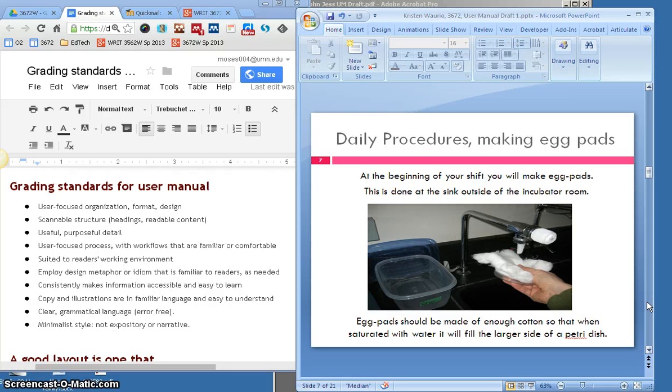Daily procedures, all right? And all the information on this page is related to the egg pads, and we have a really nice visual that goes with the text.